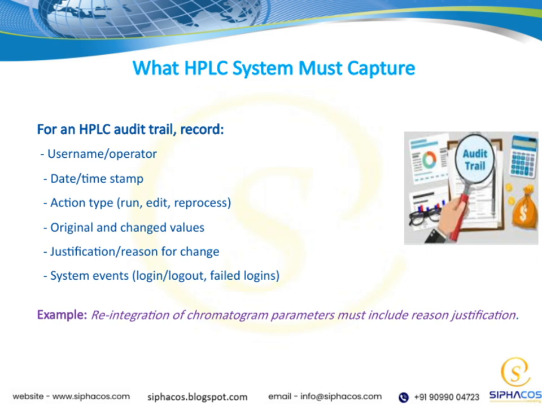For example, if someone reintegrates chromatogram parameters, it's necessary to include a reason or justification for that change. This way, the audit trail remains comprehensive, transparent, and aligned with good laboratory practices, supporting the integrity of our data and overall system.